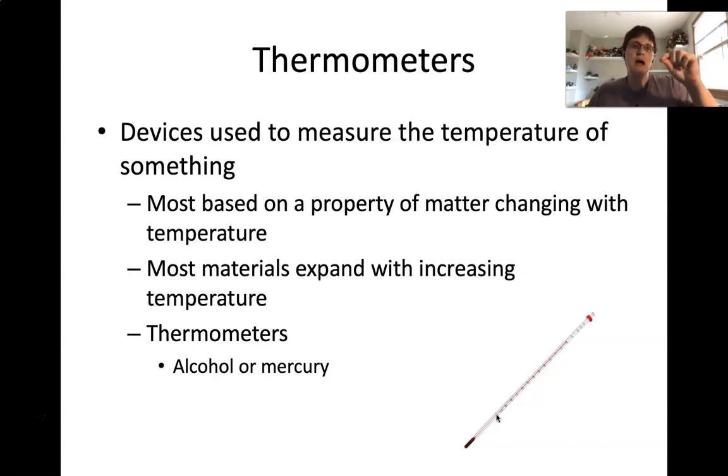And so they travel up the tube in the thermometer until they are at an equilibrium, meaning that they're not going to expand any farther because there's no more new energy coming in. And so they'll settle at the temperature reading that we're looking for.